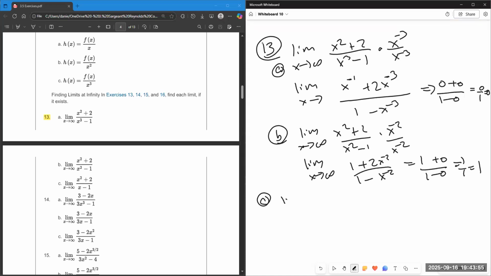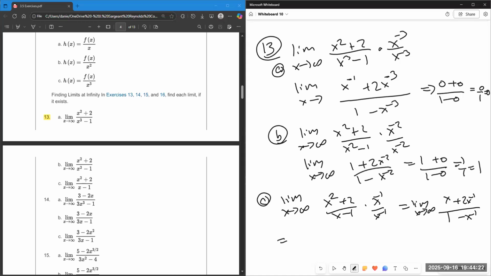And then for part C, the limit as x goes to infinity of x squared plus 2 over x minus 1, and we're going to multiply it by x to the negative first over x to the negative first. That will be the limit as x goes to infinity of x plus 2x to the negative first over 1 minus x to the negative first.